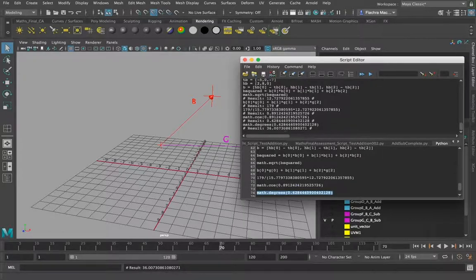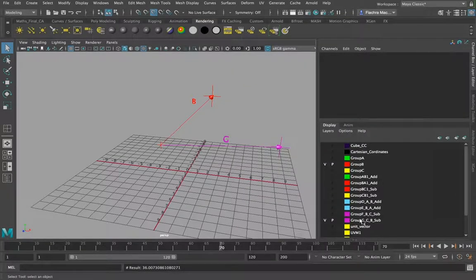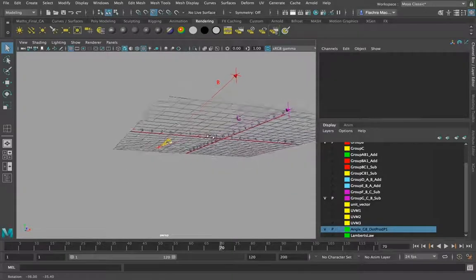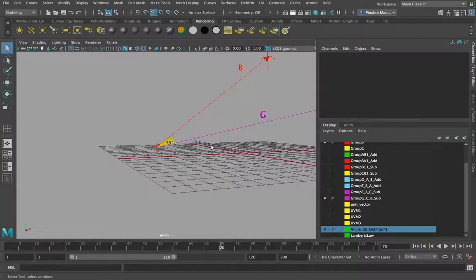So it gives us 36 rounded to the nearest degree. So 36 degrees is our scalar result, and that gives us the angle between B and G. You can see there, it's the graphical representation for that. And that is the dot product.